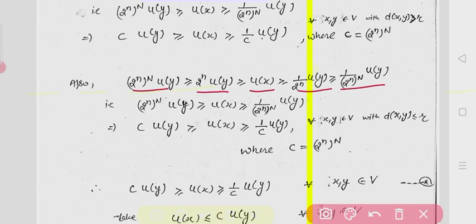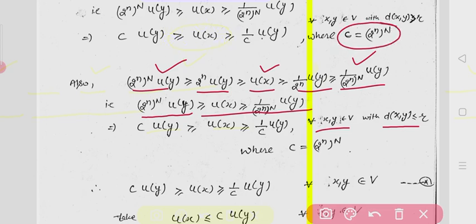Okay, so we will say 2 raised to power whole power n into u y, that term and that term we are considering, that will be greater than equal to this thing for all x y with distance between x y less than equal to r. Okay, because for distance between x y less than equal to r, this c value is the one we put in the previous result where the distance between x y was greater than equal to r. Placing the value of c there, this result came. Okay, meaning this result had come, so in this result we inserted these two values, and after inserting them we will get this thing.